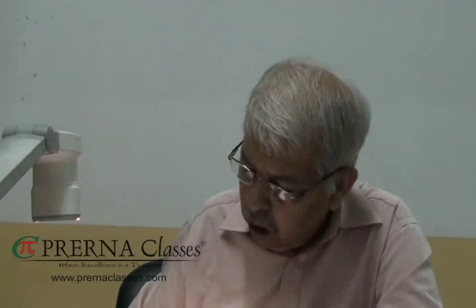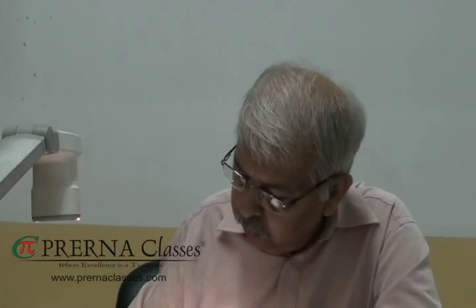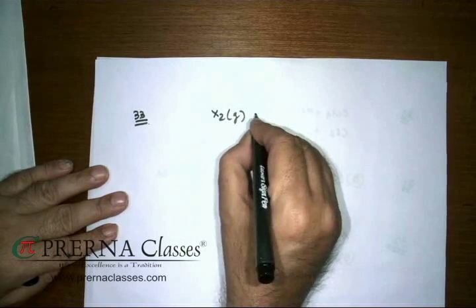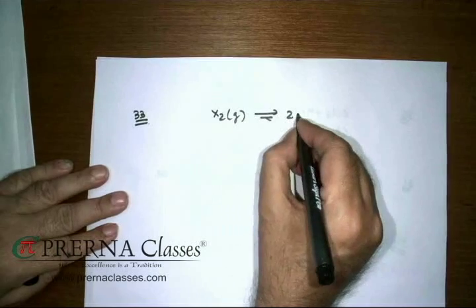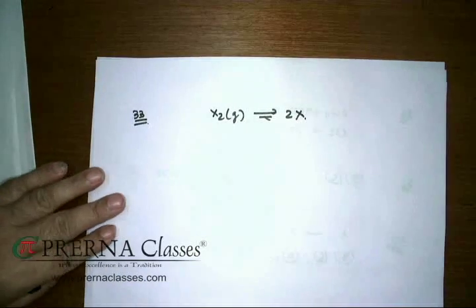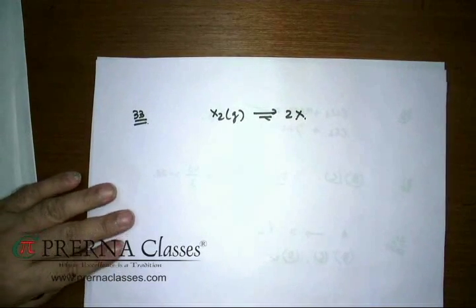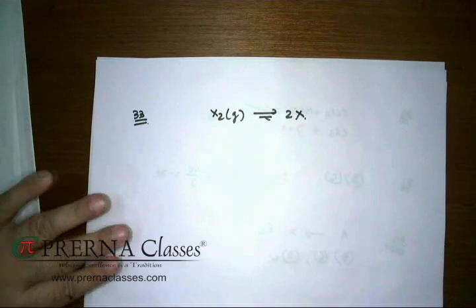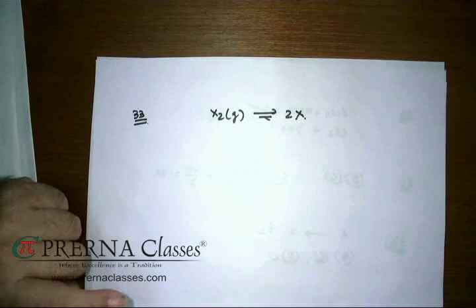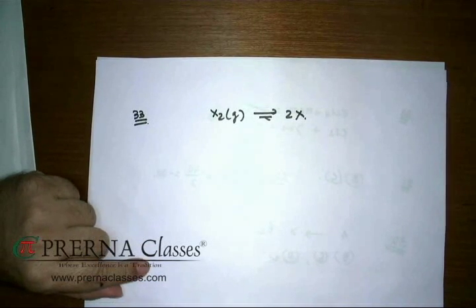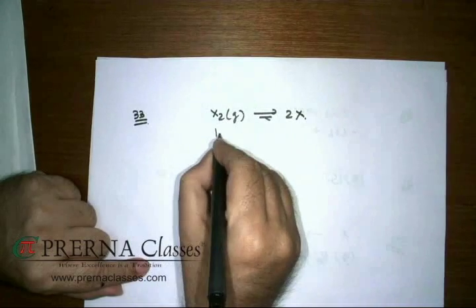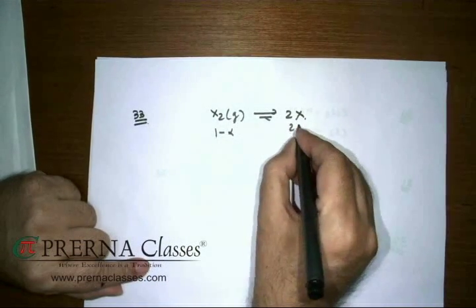Question number 33. That's a paragraph question. X2 to X. Standard Gibbs energy of this reaction is positive. Okay? So, if I start with 1 mole, 1 minus alpha, this will be 2 alpha.